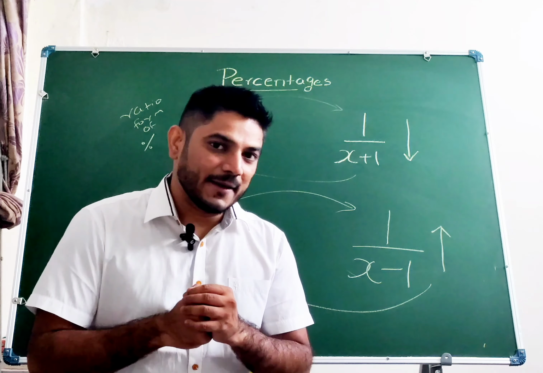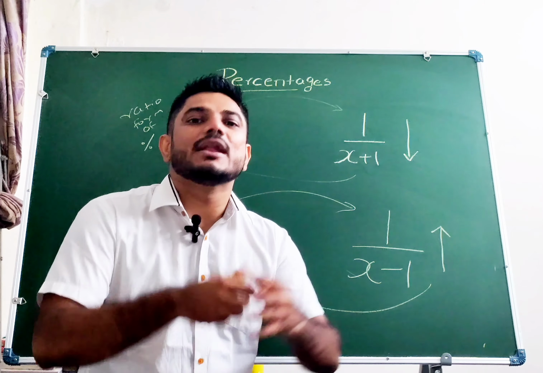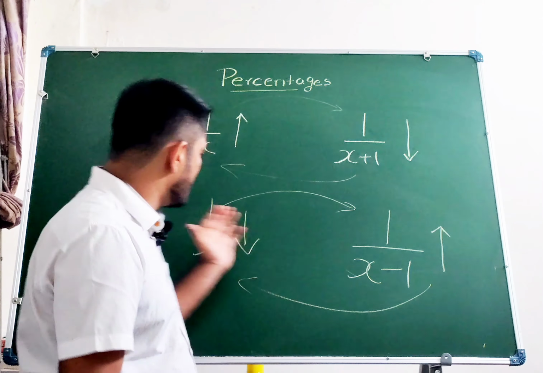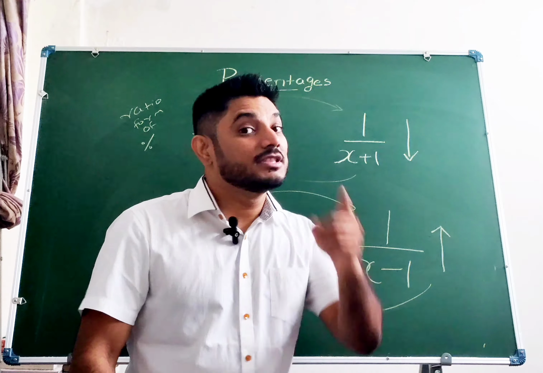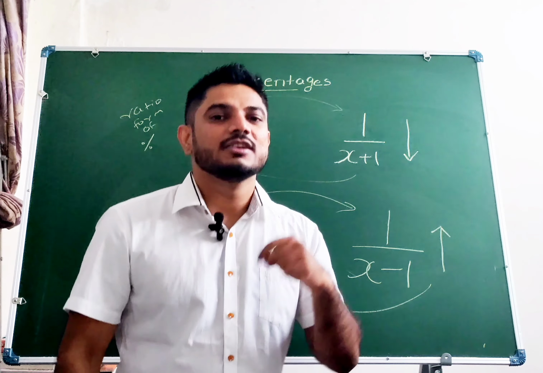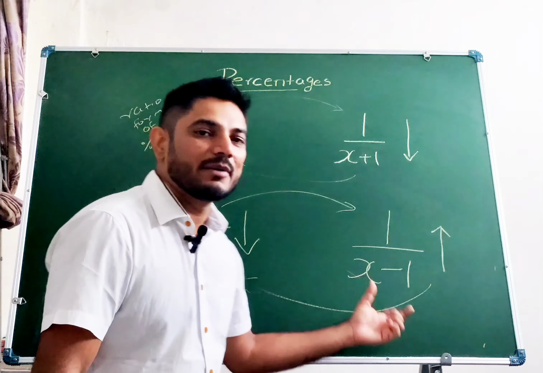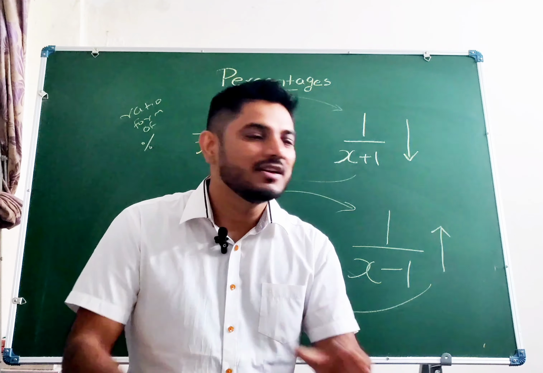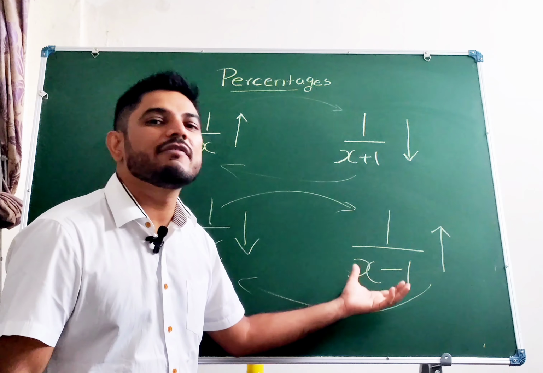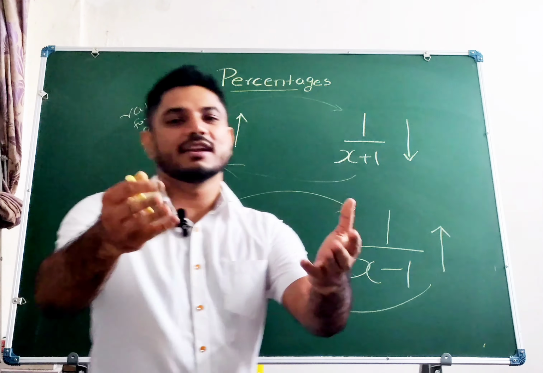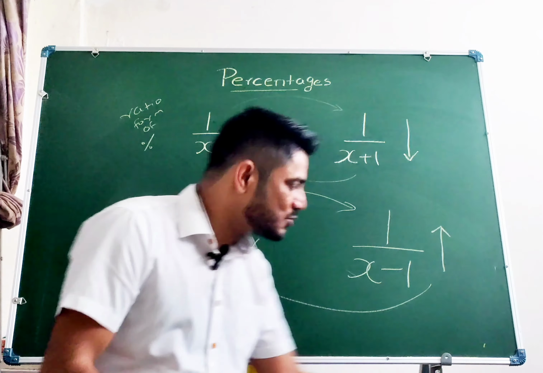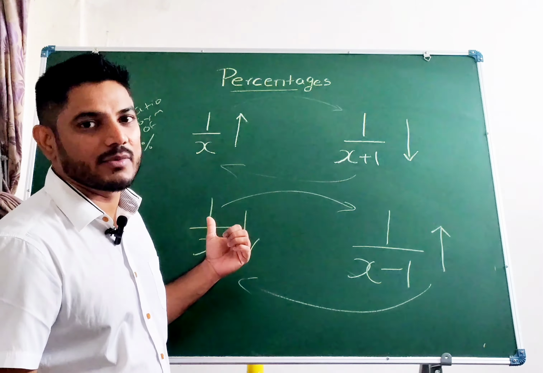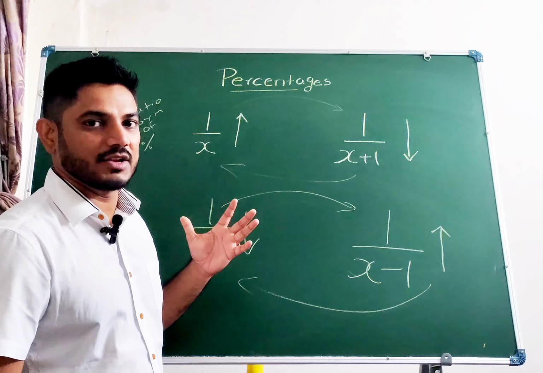So if I decrease an amount by, let's say, 20% in the forward direction, the reverse has to be 25%, because 20% was 1 by 5, and 1 by 5 minus 1 will be 1 by 4, that is 25%, and it has to be increased by 25% to get the previous value.